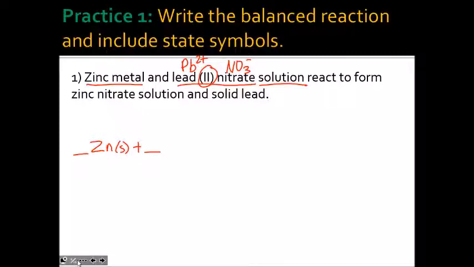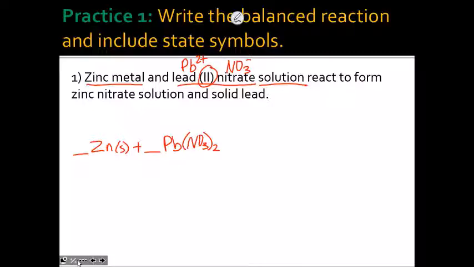Yes, we need 1 lead because that's +2, and then we need 2 nitrates, so we get -2, right? So here we do Pb, and when we have a polyatomic that we need another group, what do we use around it? Parentheses, exactly right. So we do parentheses, put the NO3 in the middle, and then stick the 2 outside, like so.